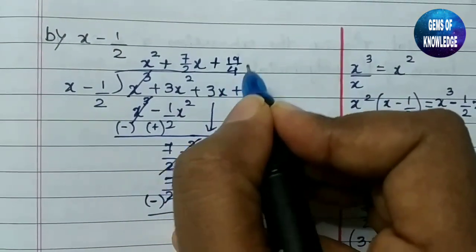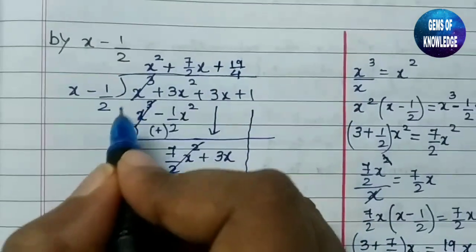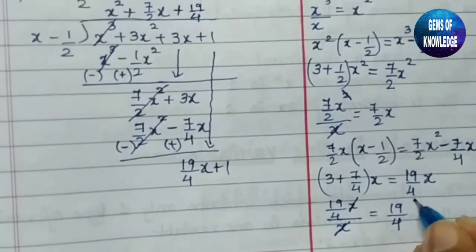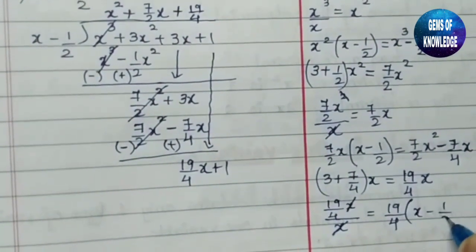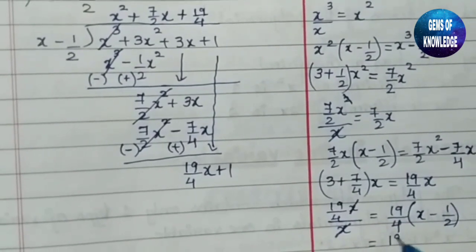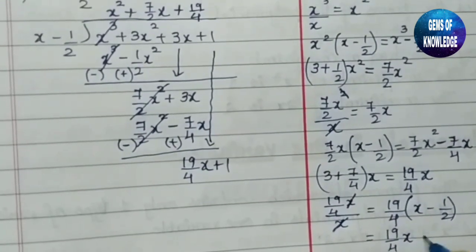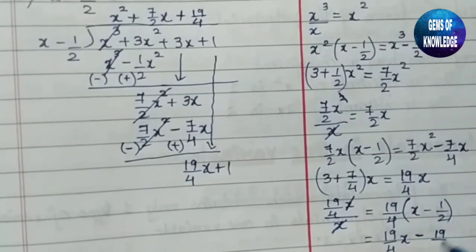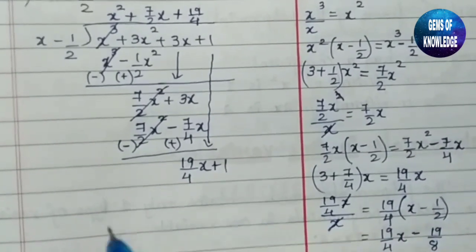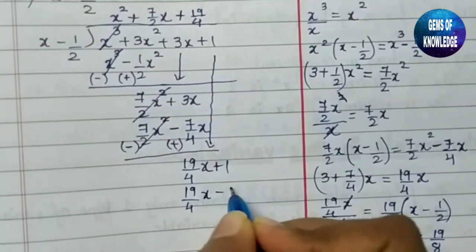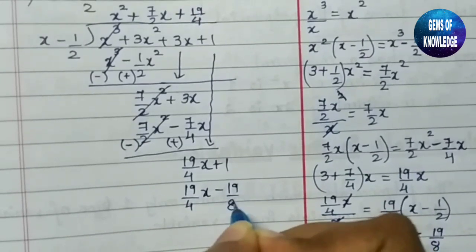And this 19 by 4 again should be multiplied by this whole term. So here we multiply this minus half. We are getting 19 by 4 into x will be 19 by 4x, minus 19 ones are 19 divided by 4 twos are 8. So we are left with 19 by 4x minus 19 by 8.